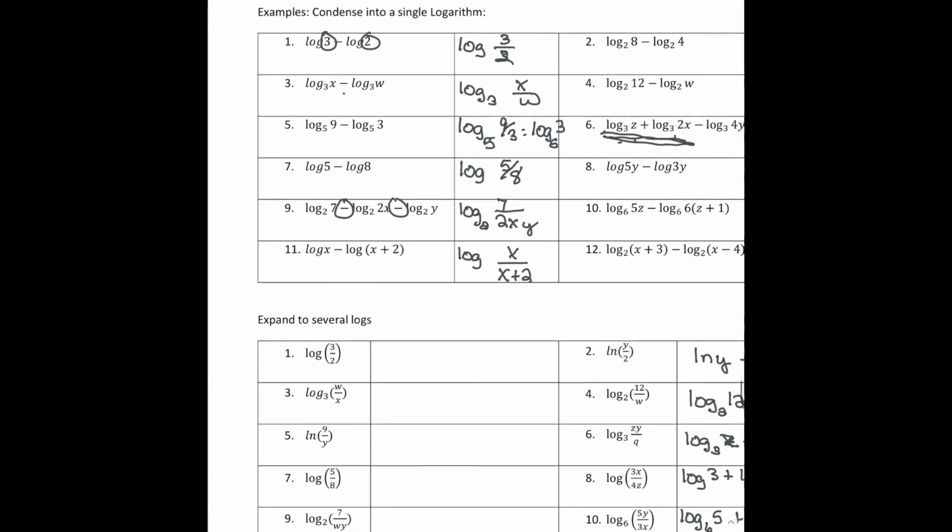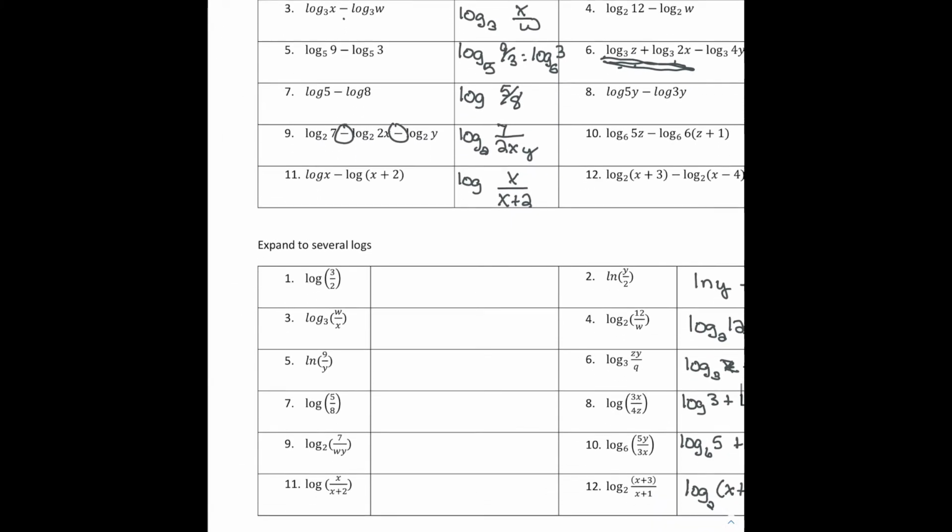Okay, all righty, let's do our next one. Now we're going to expand. So this expansion would be common log 3 minus common log 2. And remember, common log has a base of 10.